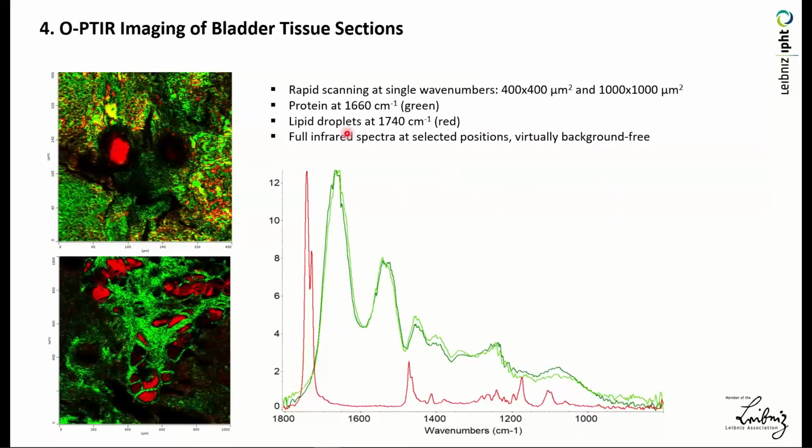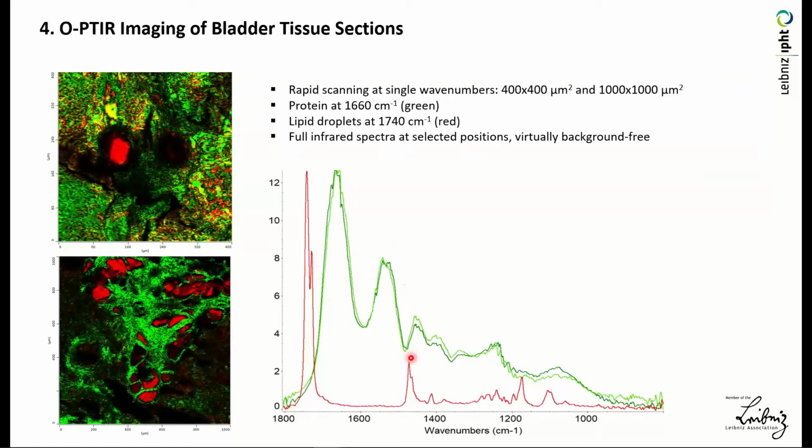Back to O-PTIR. Of course, O-PTIR can also probe lipids, and here lipids are also very prominent in the bladder tissue section. So there are large lipid droplets in these two images, but also very small lipid droplets. And the lipid droplets can clearly be identified in the tissue matrix, which is here in the green channel.